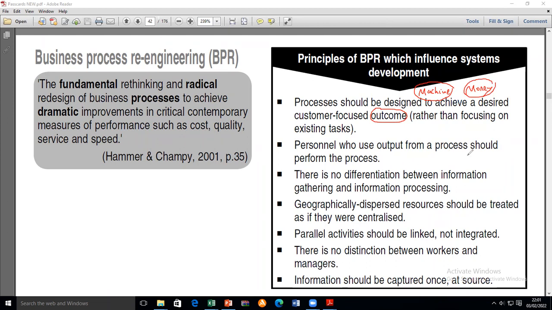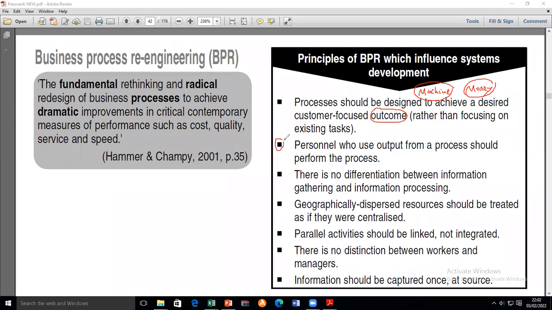Personnel who use output from a process should perform the process. Like nowadays, when you go to the ATM, what happens? You serve yourself. You do the keying in and everything, and the money comes out. With the use of computers nowadays, senior people are able to type their own things.